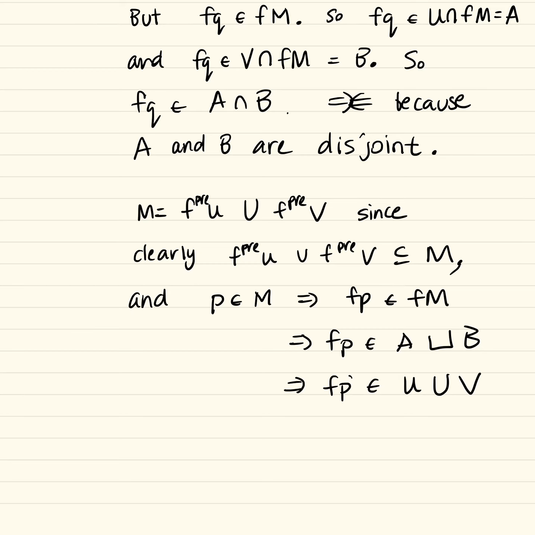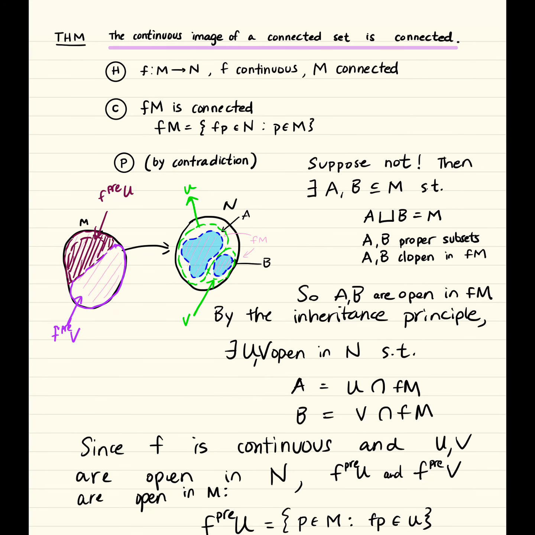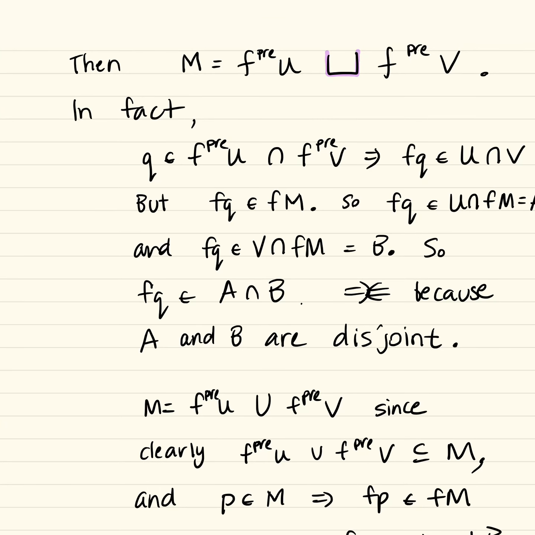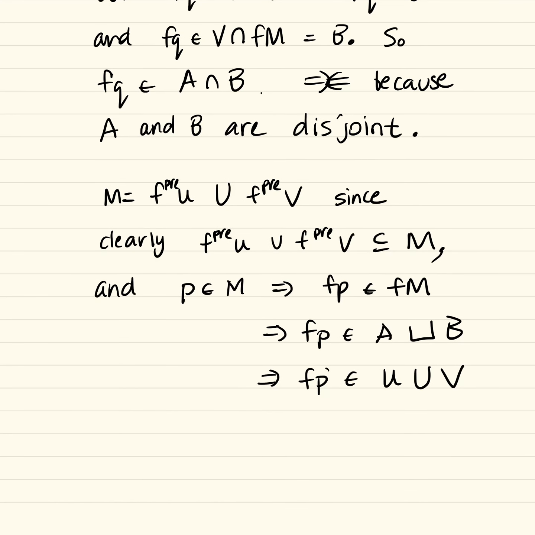Right? Because A and B are subsets of U and V, right? And now this means that P belongs to the preimage of U or the preimage of V. Okay?